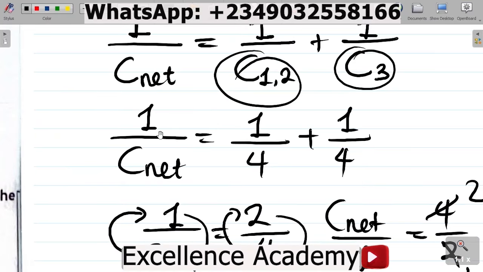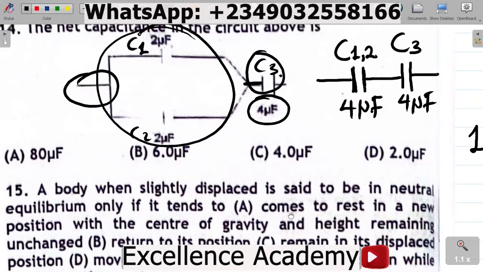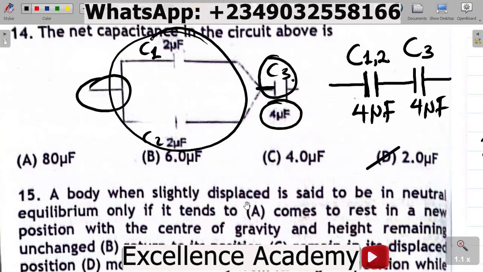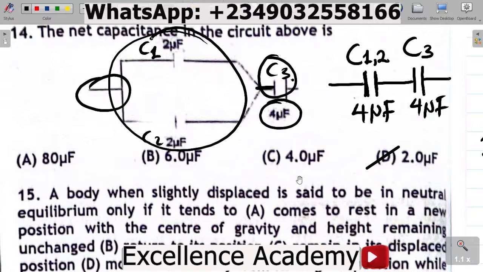The answer there is 2 microfarad, that's option D. So this is how we solve this. You want to take note that the way we solve capacitors in parallel is opposite the way we solve resistors in parallel. I've explained that in our previous class. I'll leave a link in the video description.